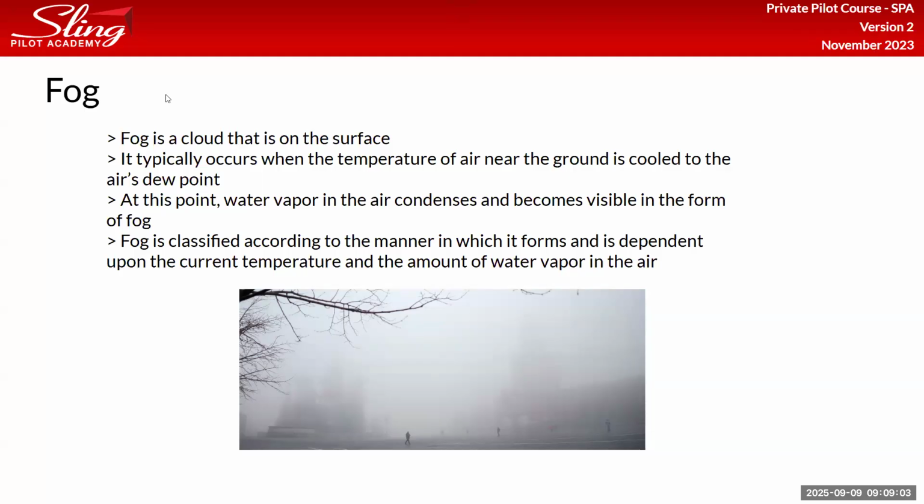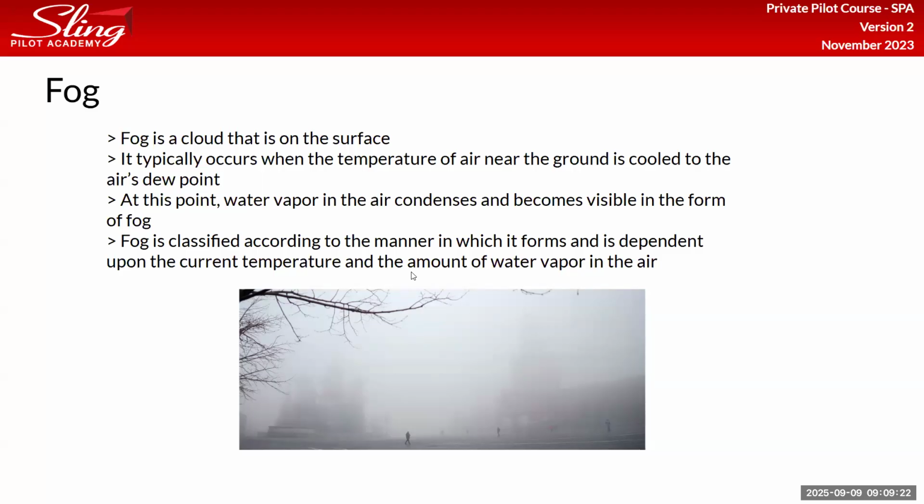Okay, fog. Fog is a cloud on the surface. Pretty easy, right? So fogs are clouds on the surface where the water vapor in the air condenses and becomes visible in the form of fog. Same as a cloud, it's just on the surface.